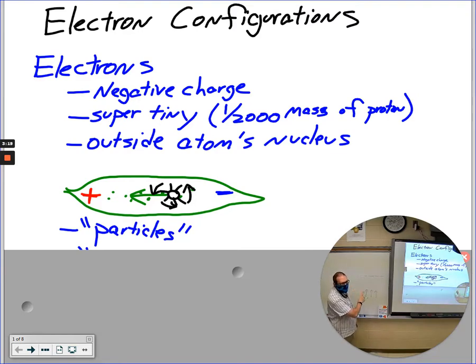Now, if they were particles, you would expect to see those particles continue straight up until they ran into something. Okay, because that's what particles do. Particles are kind of like a tennis ball. I throw a tennis ball, I expect it to go in a more or less straight line, minus whatever gravity and air resistance does to it, because that's what it does. But that's not what happened.